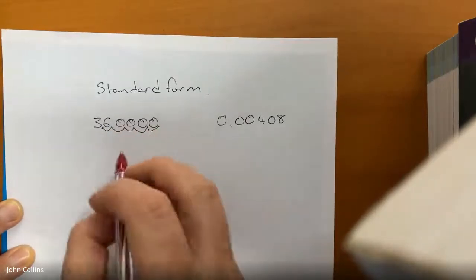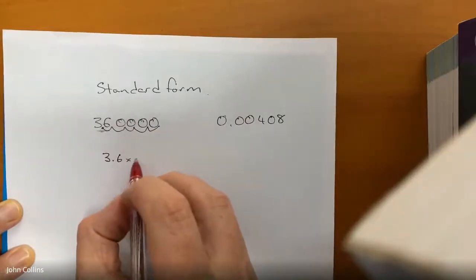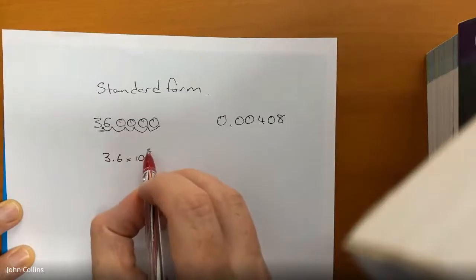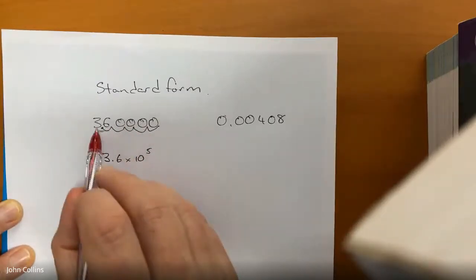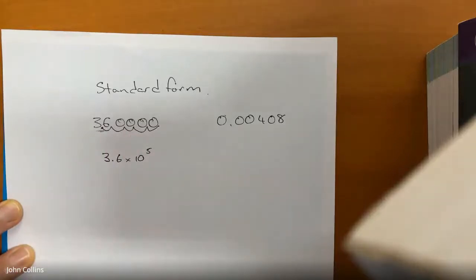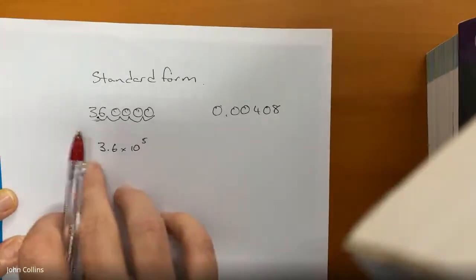So it's going to be 3.6, which is what we've written here, by 10 to the 5. Now, if there's another number other than 0 here, you'd have to include that. It goes as far as the numbers are non-zero, unless they asked you to round it to significant figures, which they probably will. Okay, so that's that one.